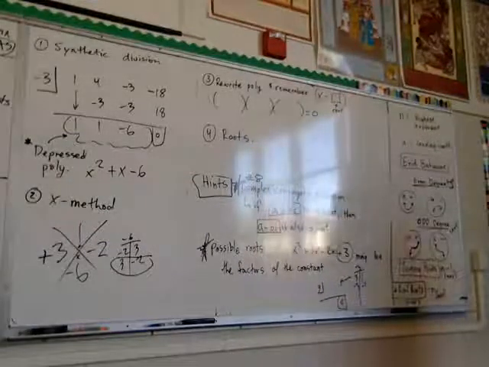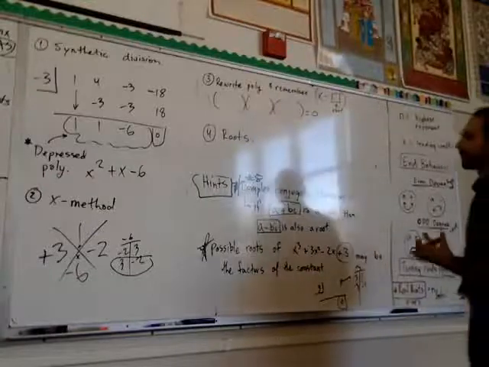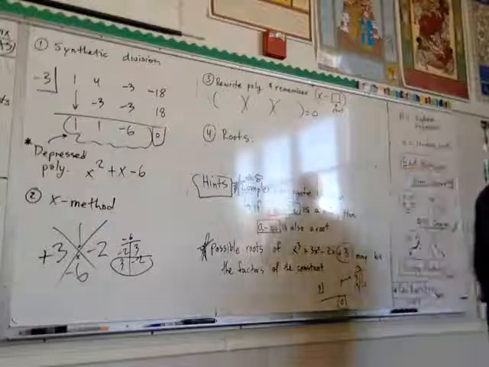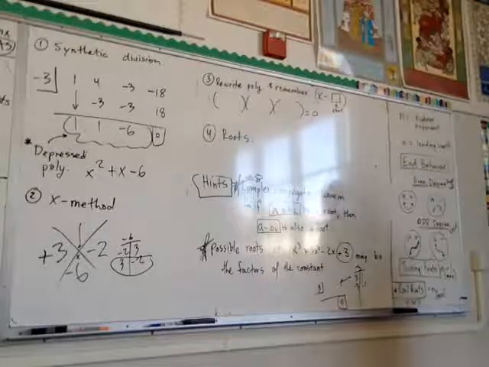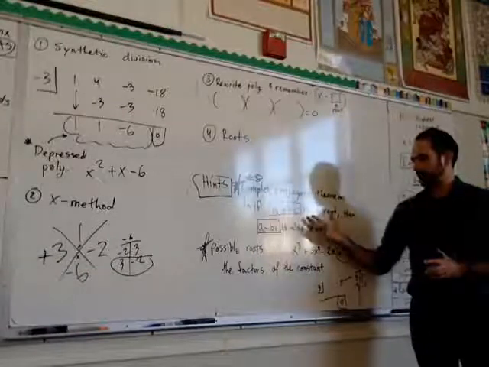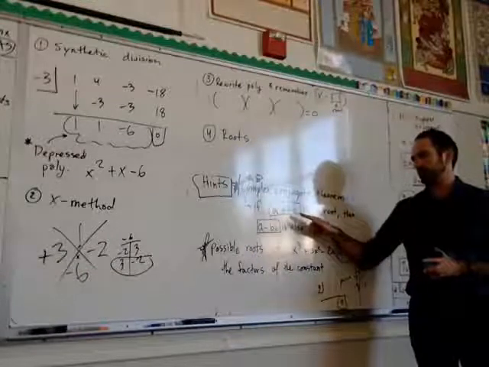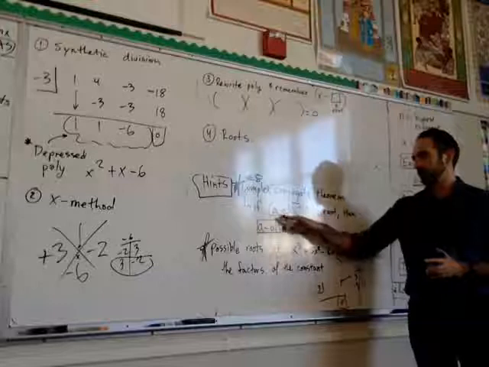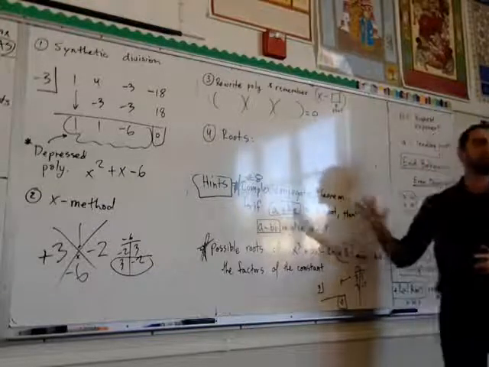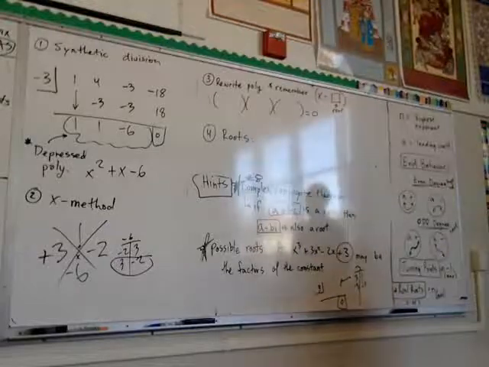The reason being is if we're multiplying two complex numbers together, we get rid of all the imaginary numbers, which is part of the process when we're trying to factor it. So just remember, if one of my roots is a complex number, then the complex conjugate is automatically another root.